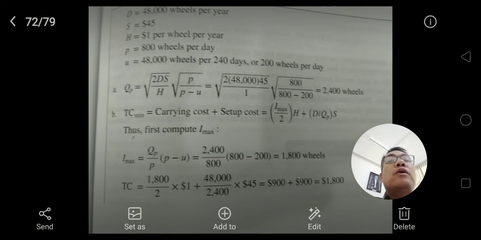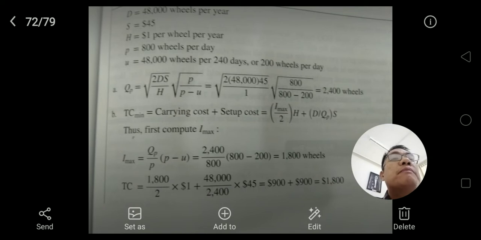Now the total carrying costs, the minimum total carrying cost. Bakit TC minimum ang nakasulat dyan? TC min. Anong ibig sabihin ng min? Essentially, if we are producing at economic production quantity, ibig sabihin, yun na talaga yung quantity that will yield the lowest cost. That is why the total cost min is stated as carrying cost plus setup cost.